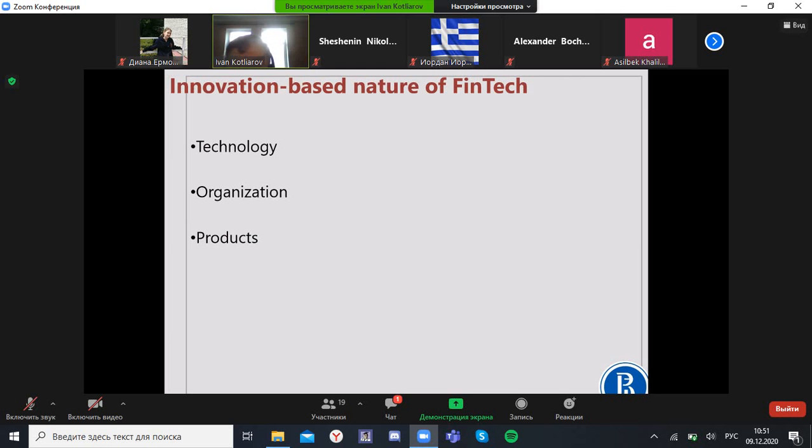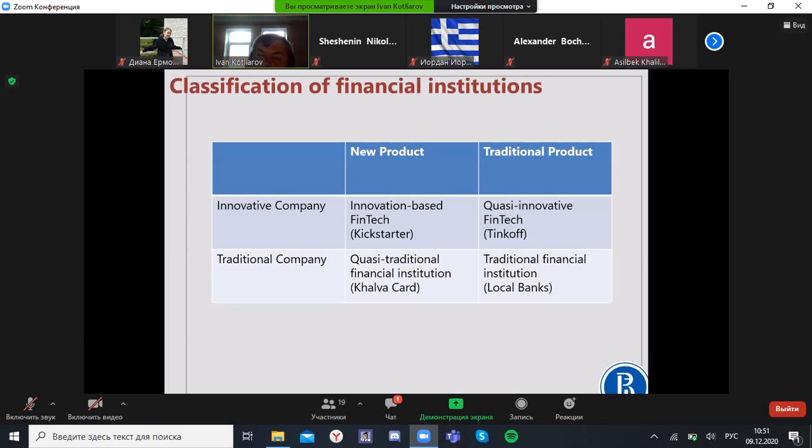And products, new ways of creating value, of delivering value to customers. Let's analyze how these factors are combined in different financial institutions. A company may offer a new product, or it may offer a traditional product. A company may be innovative from the point of view of organization or technology, or it may be a traditional company.